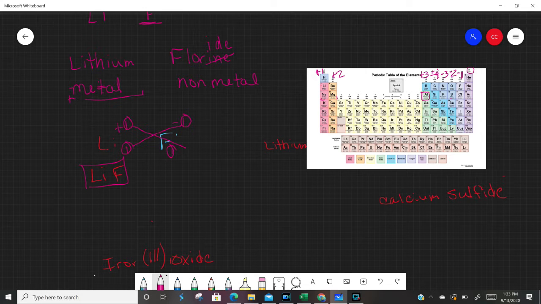So calcium sulfide. Calcium is in group 2. We said it has a plus 2. Sulfur is in group 16, so it has a negative 2.